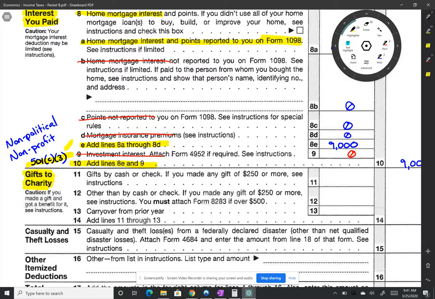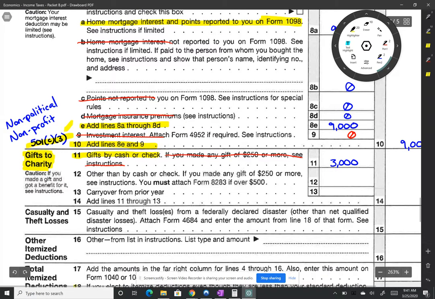Okay, so we get here, line 11, gifts made by cash or check. We are not going to worry about this next line. If you made any gift of $250 or more, see instructions. That's just to prove that you've made that gift. We're not going to worry about that, okay? So let's say they've made $3,000 in gifts over the year, okay?